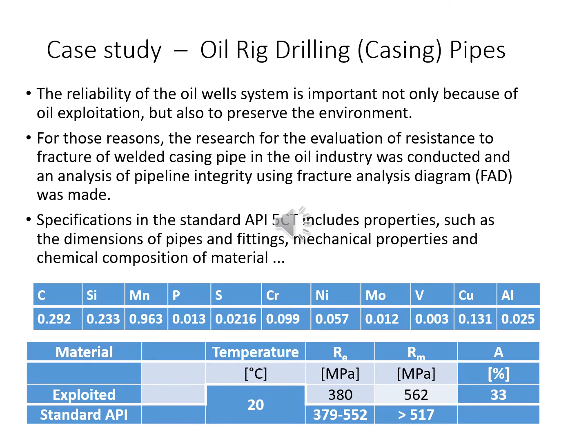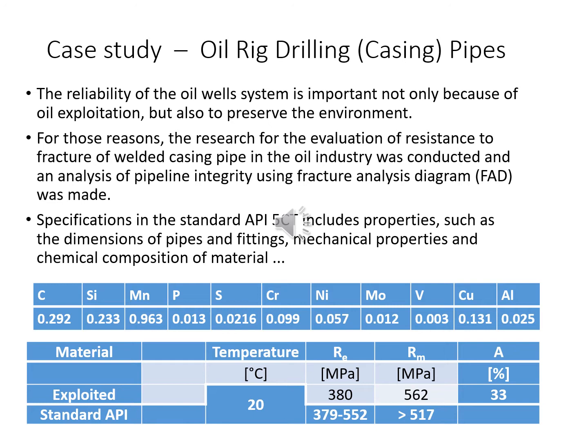It is an oil rig drilling pipe, also called casing pipe. It is not that much of a problem regarding the consequence. It would be a kind of moderate consequence, something like category 3, because it affects the environment and is not a big deal even in that sense.